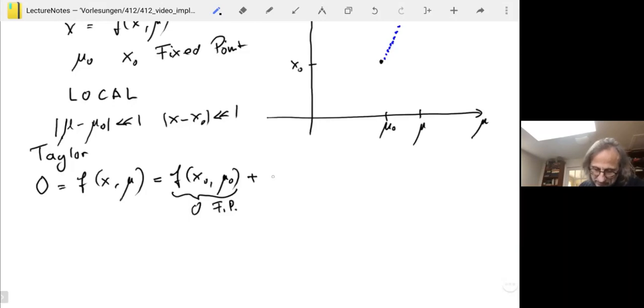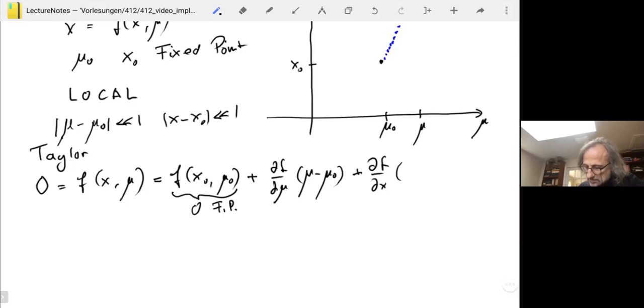Okay, expanding around that, we get df by d mu times mu minus mu naught plus df by dx times x minus x naught plus higher order terms like the second derivative with respect to x, x minus x naught squared, and so on.